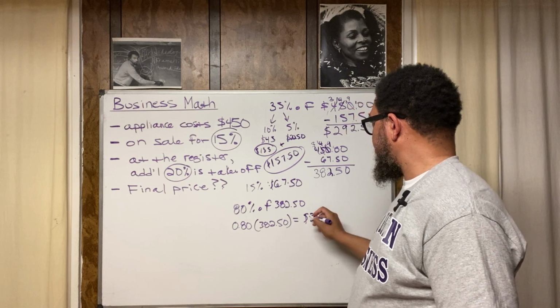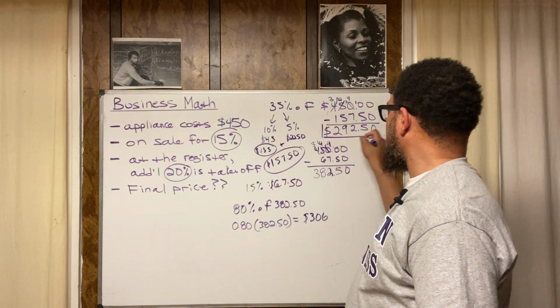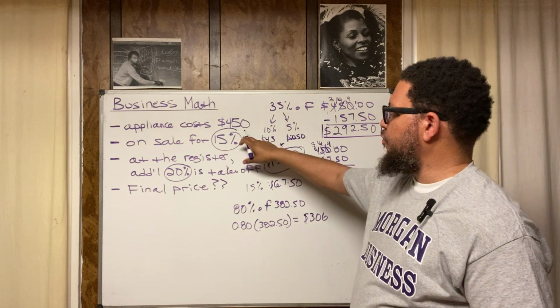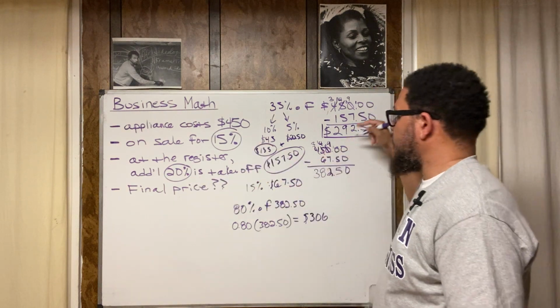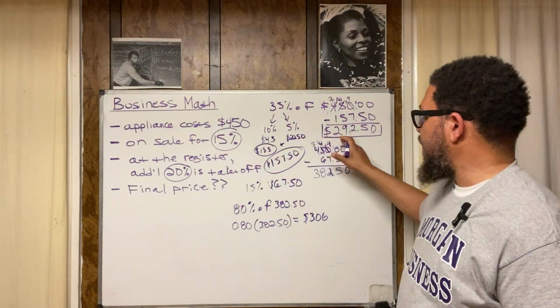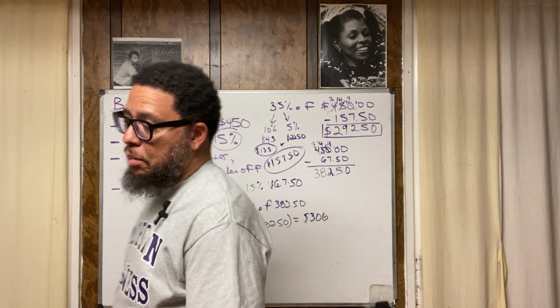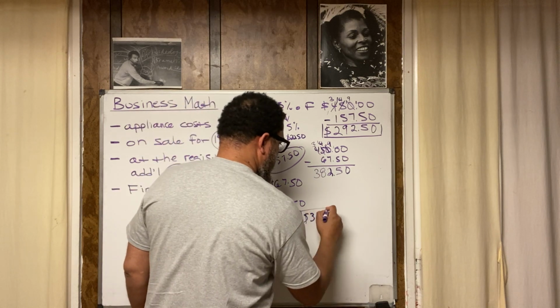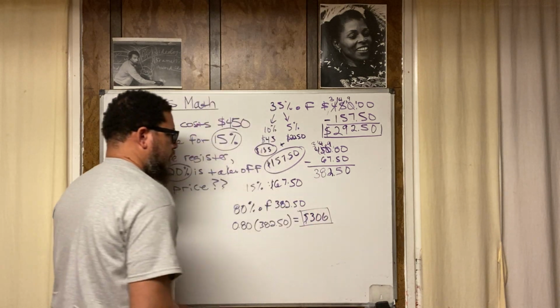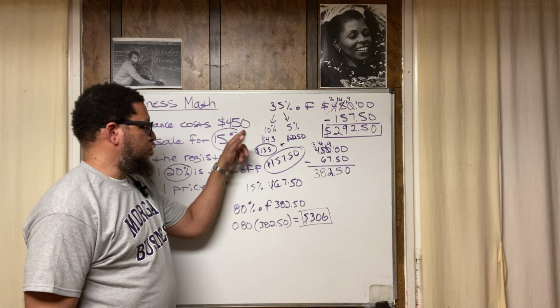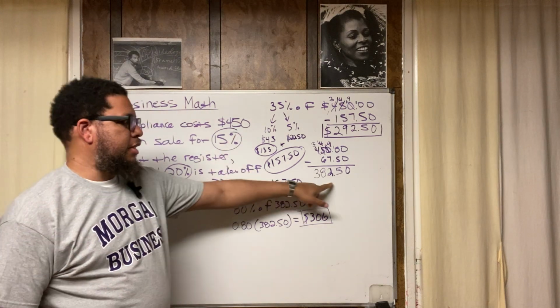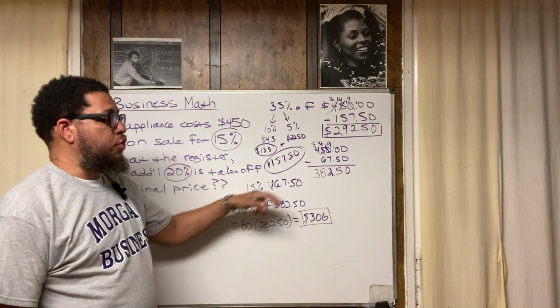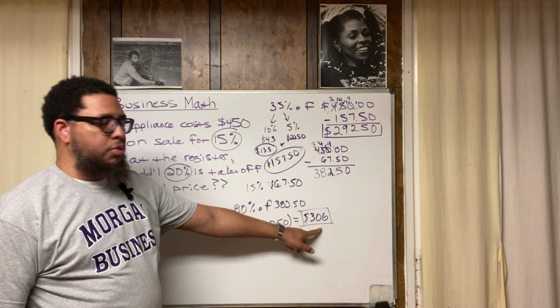Yeah, so 306. So look, if you take off 35% by adding the 15% and the 20%, the discounted cost of this appliance would be $292.50. But if you do it the correct way, based on how it's actually advertised, if you take 15% off the original price, knocking it down to $382.50, then you take 20% off of that, you're going to end up with 306.